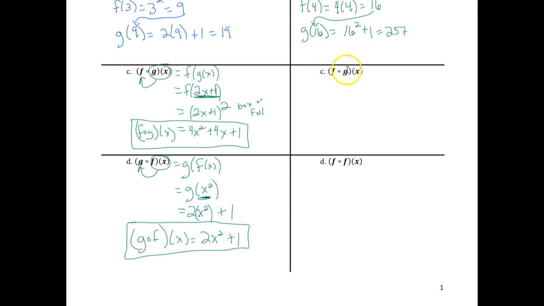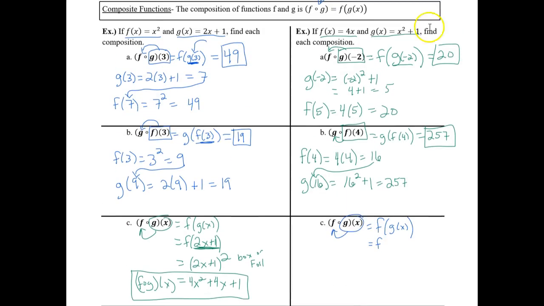Alright, so f of g of x. So that means that we are putting g of x into f. And g of x is x squared plus 1. So g of x equals x squared plus 1. That means this is our x.